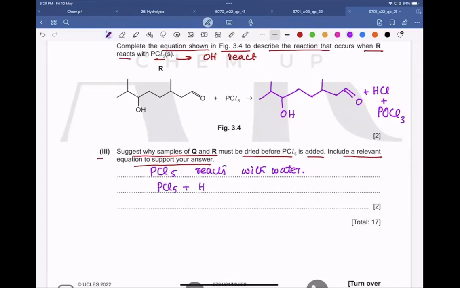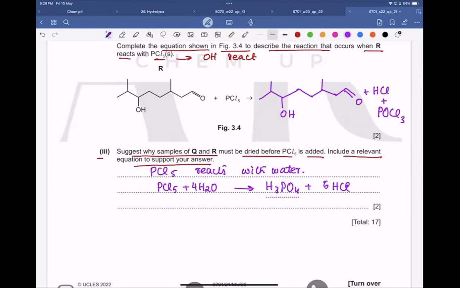When PCl5 reacts with water, we will get phosphoric acid, H3PO4. And beside this, we get 5 moles of HCl. And for this, we need to put a 4 over here.